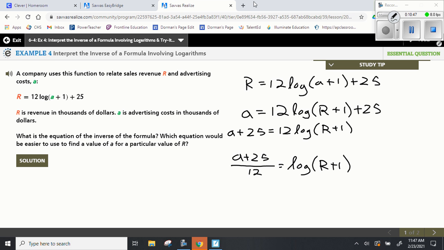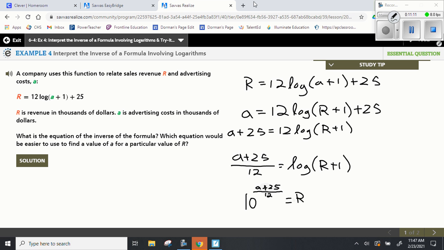So remember, this is log base 10. And it's kind of weird, but this stuff is all in your exponent. So this is 10 to the A minus 25 divided by 12 power, kind of weird, equals R plus 1.